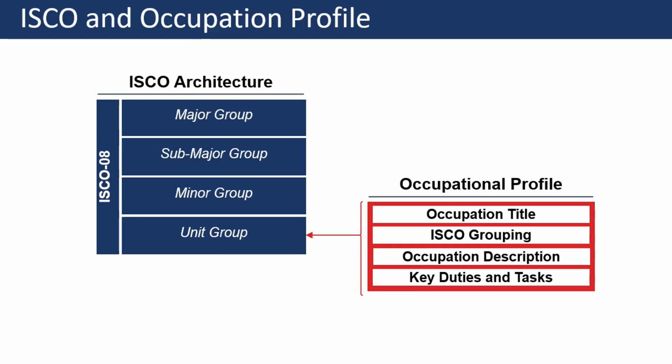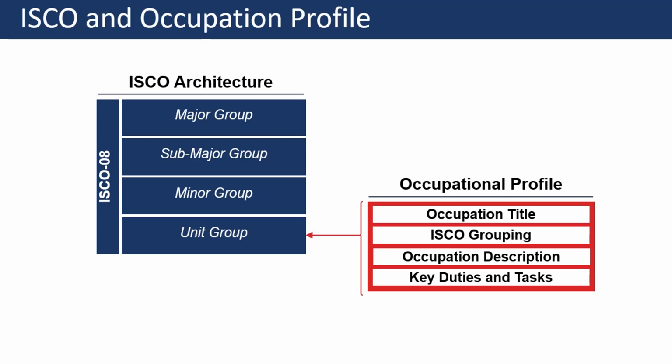It includes occupation title, the name of the role, such as electrician or software developer; ISCO grouping, the corresponding ISCO code linking the profile to the classification system; occupation description, a brief overview of the job, its context, and its purpose; key duties and tasks, a list of the core responsibilities and functions performed in the role.